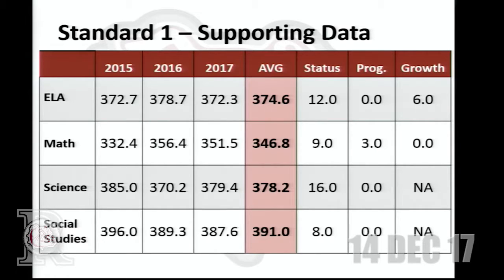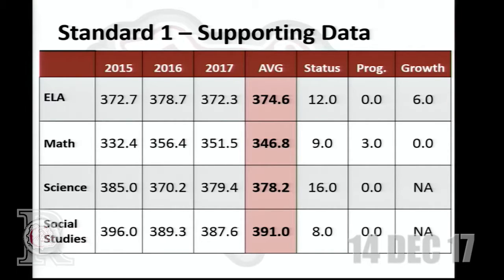So across ELA, what you'll see is 3 years of MAP performance indexes. We then take a 3-year average of our performance. So for this year, our 3-year average is 374.6. You can look at the document that I put in your hands on the status targets, and you can see that 374.6 puts us in the on-track category.